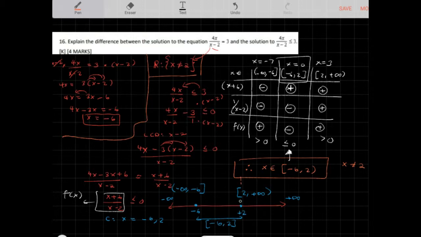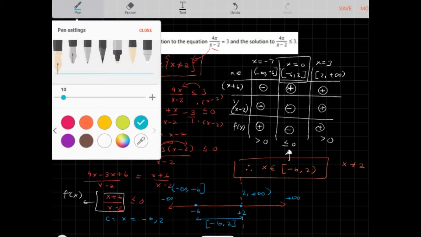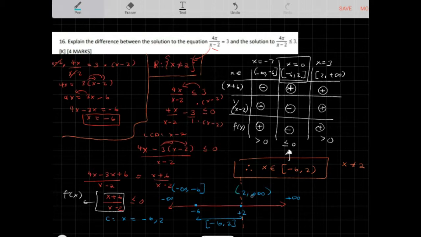Instead of making this greater than or equal to, I should have made it just greater than 2. So you have to watch out for this, because it can't be inclusive on vertical asymptotes. So the restriction is still consistent between the two, so this should also be just a round bracket. But beyond that, you can see that the solutions differ significantly between the two types of questions.